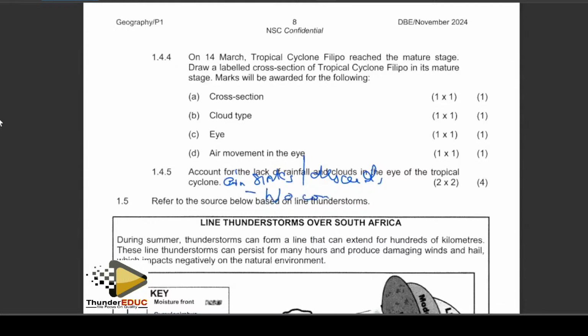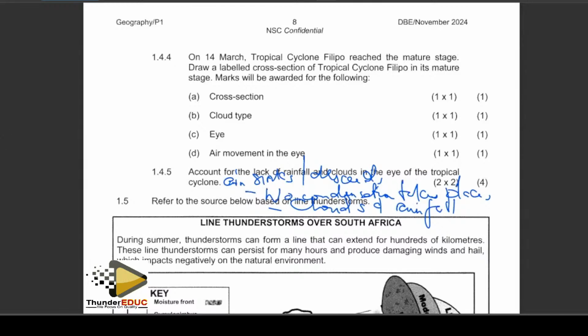No condensation takes place. When there's no condensation, it means there are no clouds. And apparently, no rainfall. The rainfall occurs on the wall of the system surrounding the eye, but right at the center of the system, it will be having clear skies and stable conditions.